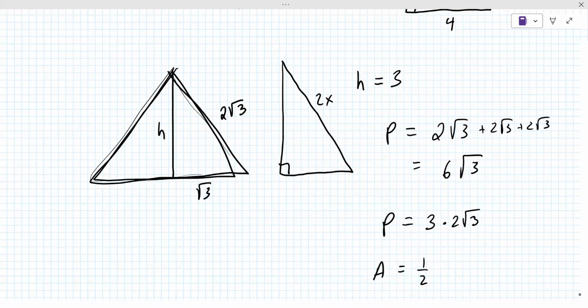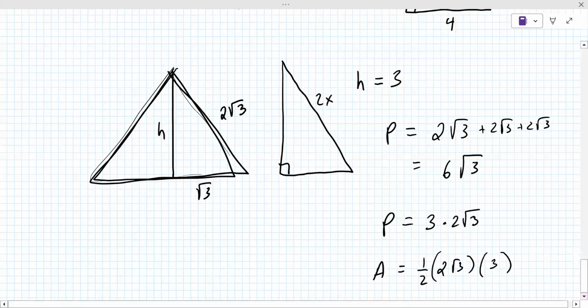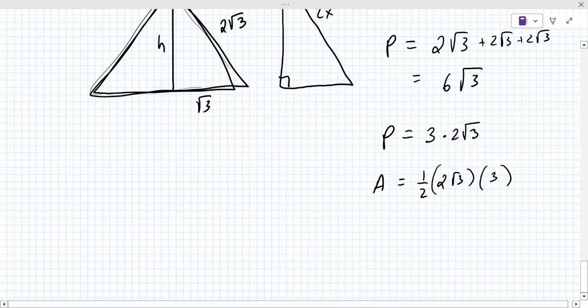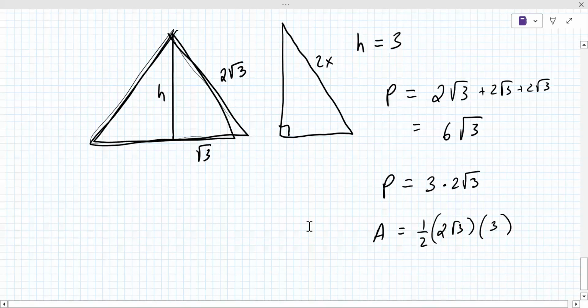What's the base? 2 square root 3 times 3. You can only multiply numbers outside the root. Oh, so 6 square root 3 again. 1/2 times 2 is 1 times 3 is 3. You're only taking half of one of the numbers. Oh, 3 square root 3. Yes.